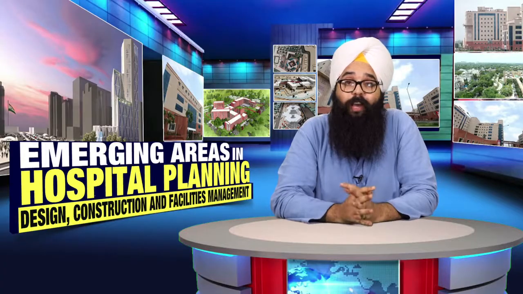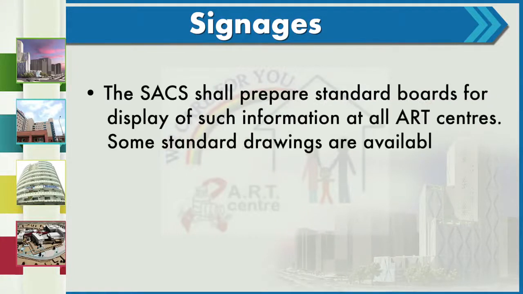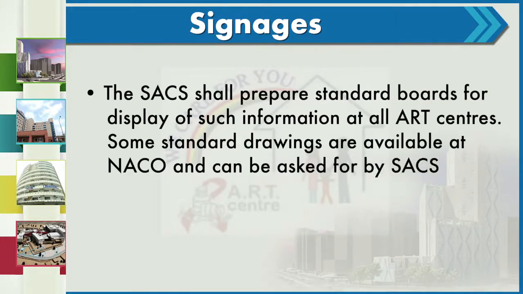Then we have to have other things like the government programs. So we have to display all the important government programs related to HIV from NACO, the National AIDS Control Organization, as a signage in the ART center.